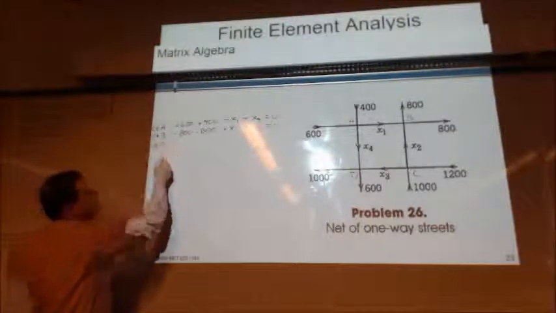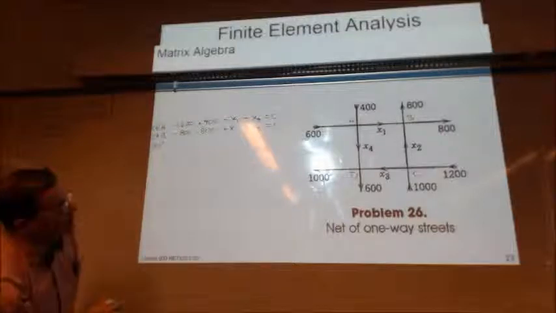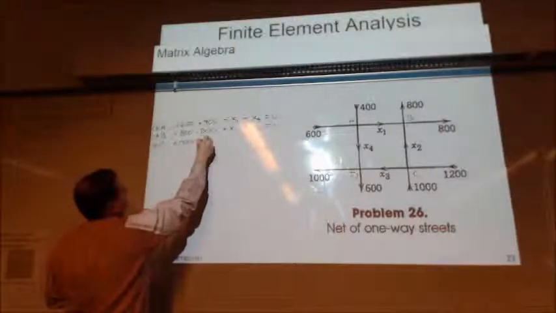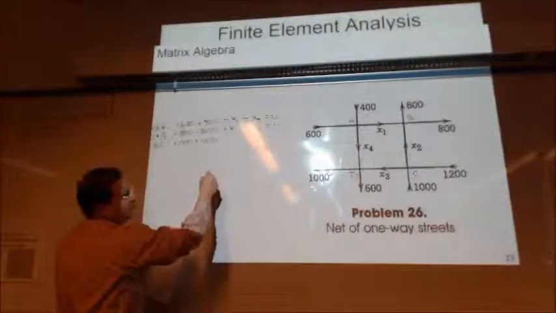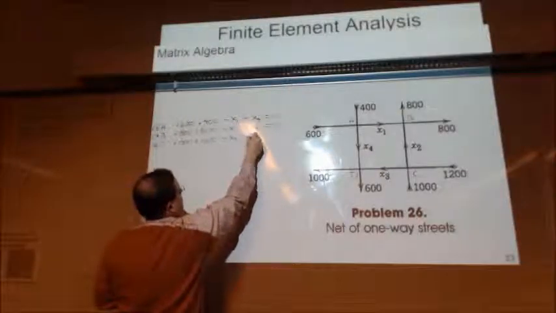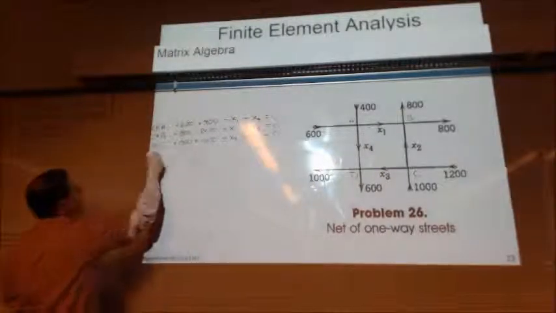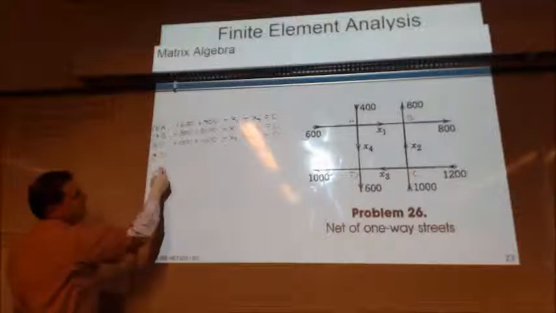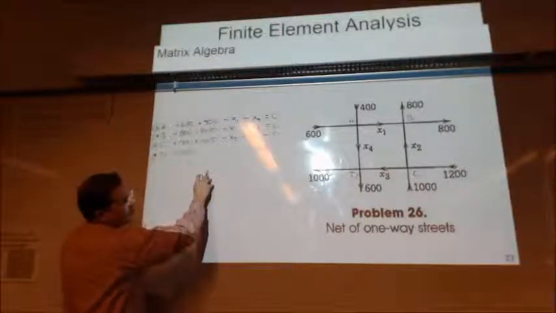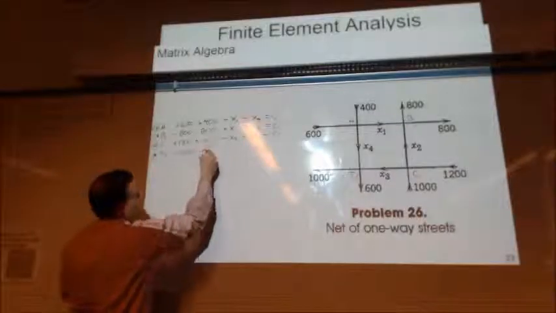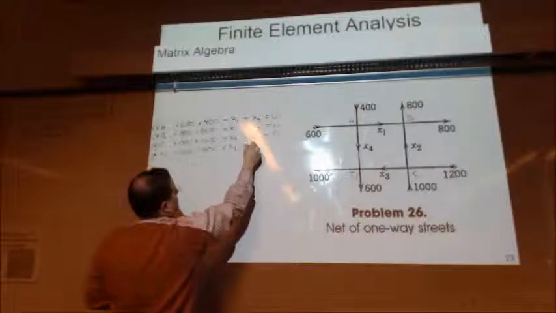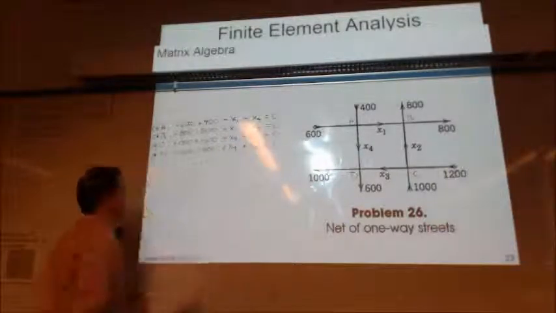At C, plus 1200 plus 1000 minus x2 minus x3, equals 0. Finally at D, minus 1,000, minus 600, plus x3 plus x4.